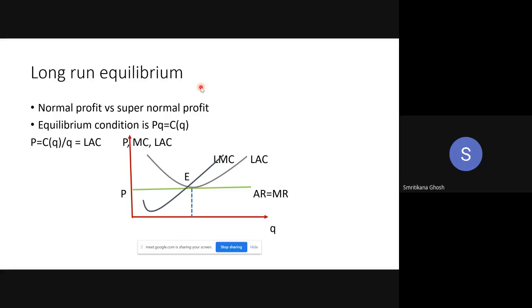So labor is there, land is there, capital is there, management is also there. Labor gets its return as wage, land gets its return as rent, and management also gets its return in terms of profit.